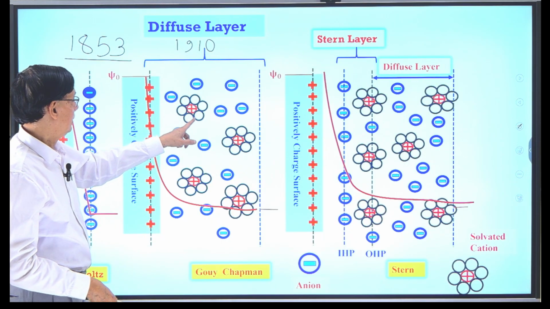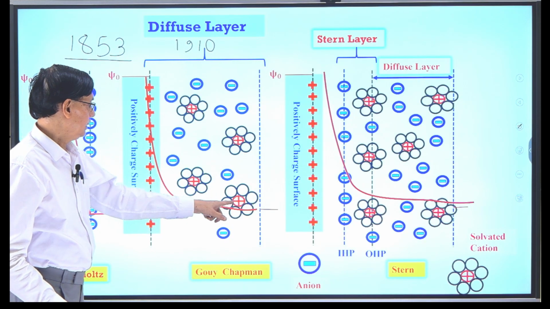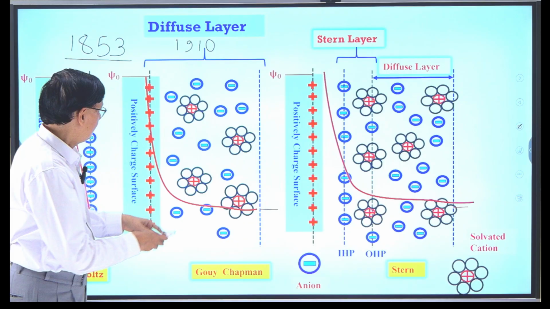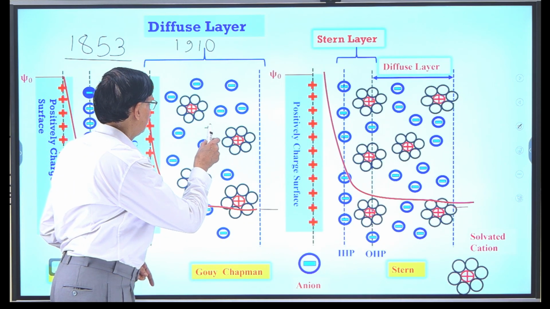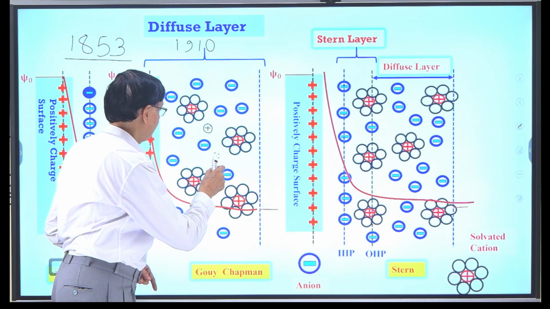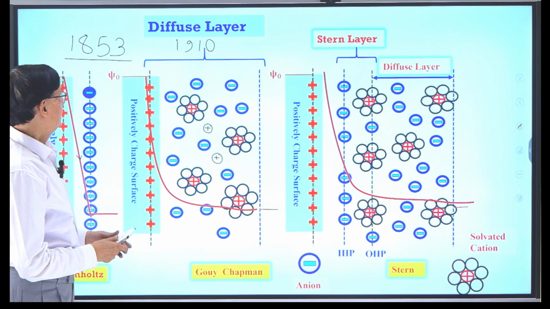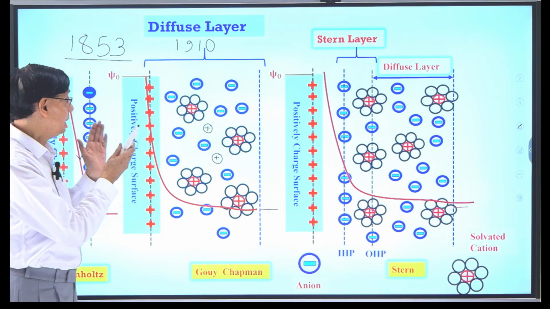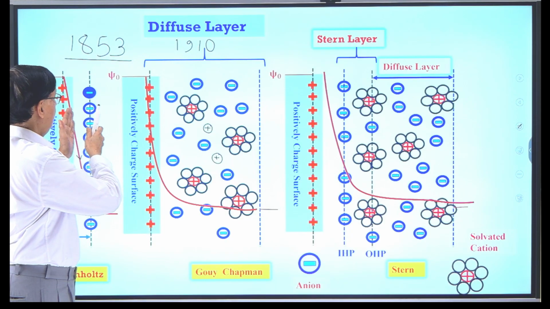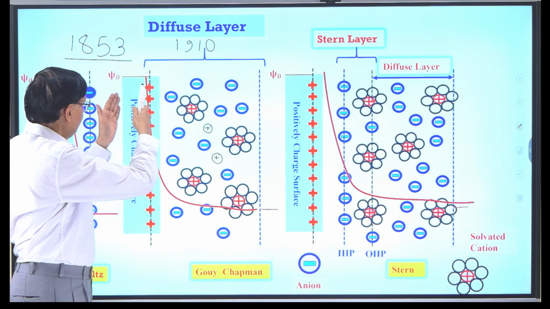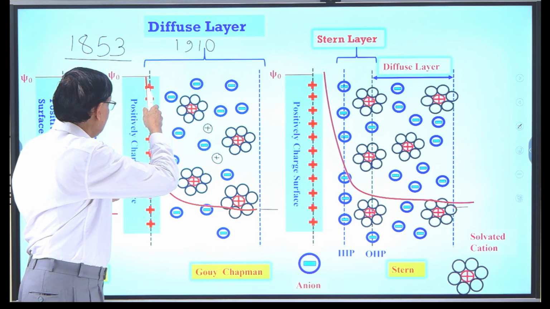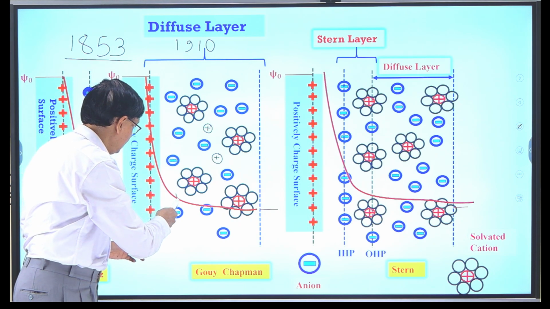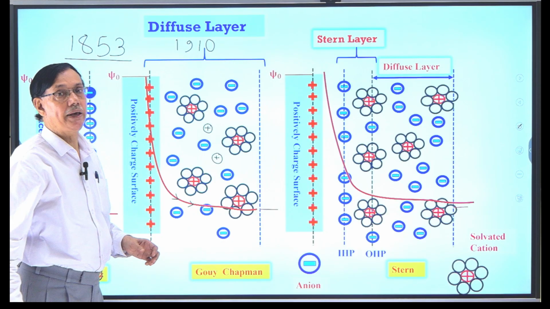Here you see, there are scattered some positive ions, small size, scattered also there. So therefore it is called the diffuse layer. It is also a double layer, but diffuse. Here is the compact and linear change. Here you see exponentially, gradually changing. You see this red color. This is the change in potential. I will explain when you derive.